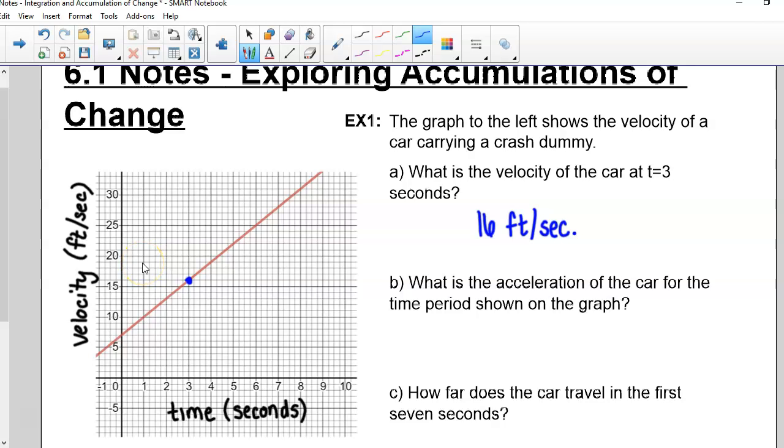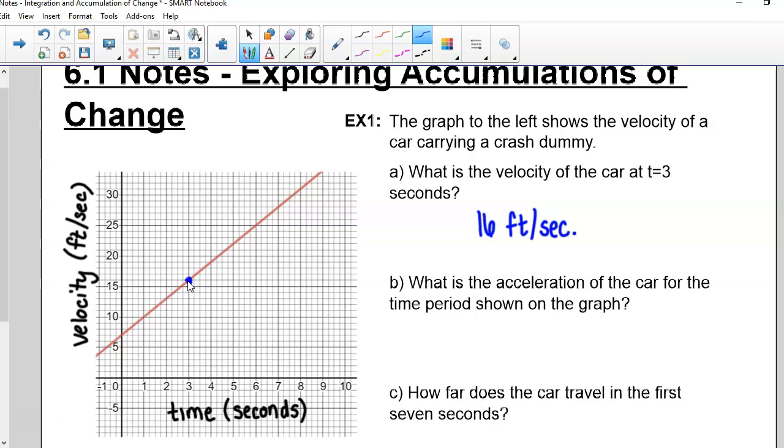And what does the derivative tell us? Slope. So when I'm asked for the acceleration of this car, I really want to find the slope of that line. Since it's a straight line, it's the same at every point.